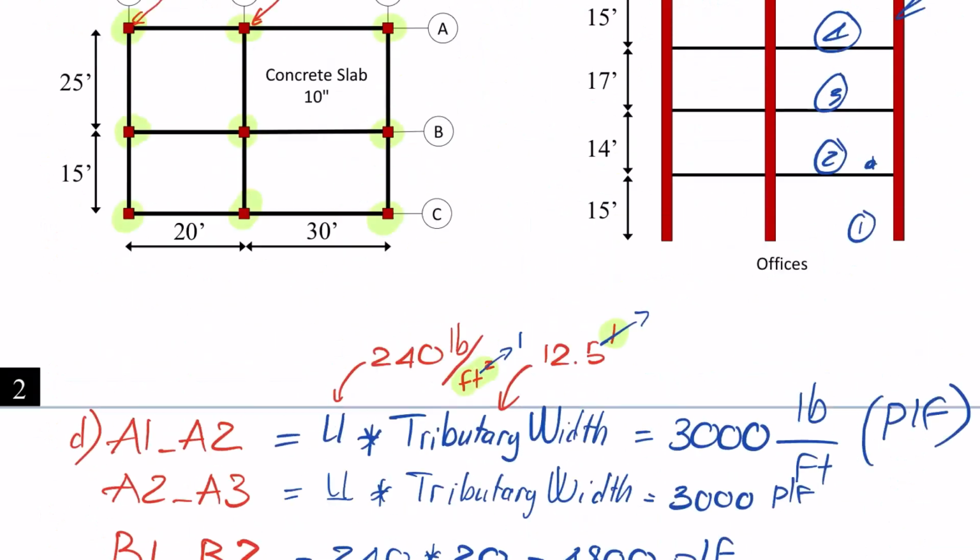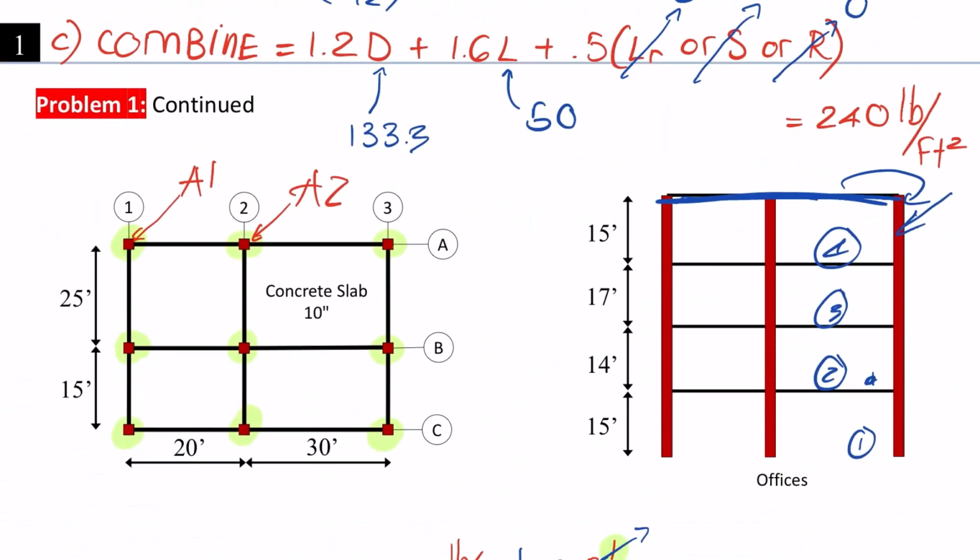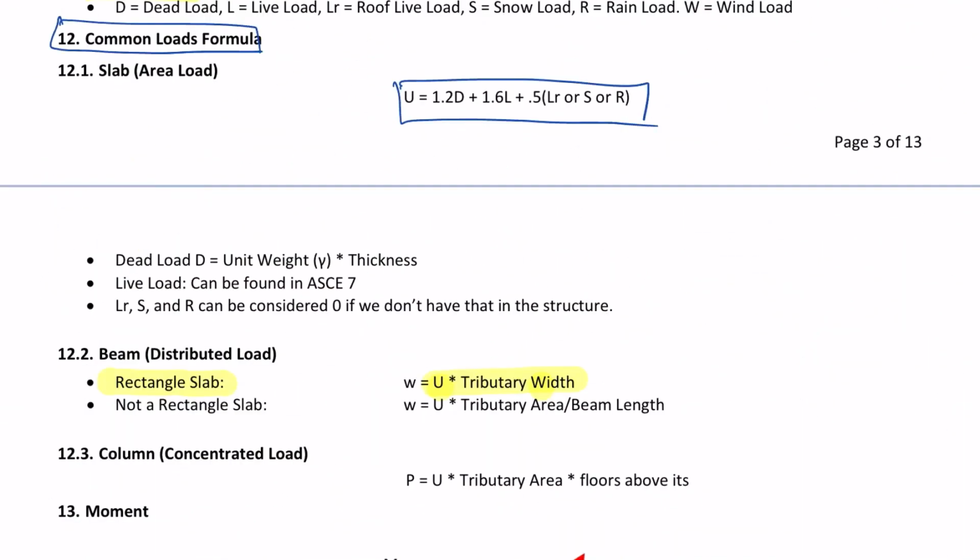Now let's check column A1 first. Now let's check the formula sheet. You have that for the column, the load on the column will be equal to U multiplied by the tributary area and the floor above it.